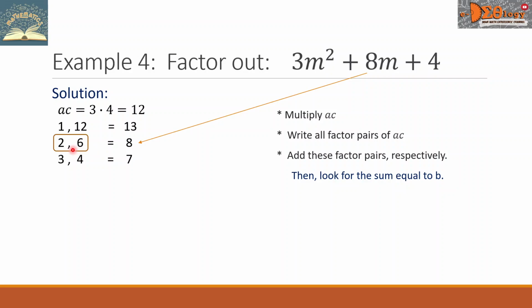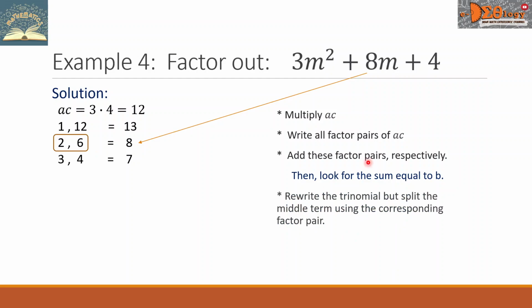Therefore, we need this factor pair 2 and 6. Then we rewrite this trinomial, but we split the middle term using the factor pair. So we have the 3m squared is here. Now the 8m becomes 2m plus 6m. Remember, we are using this factor pair. And then the plus 4 is here.